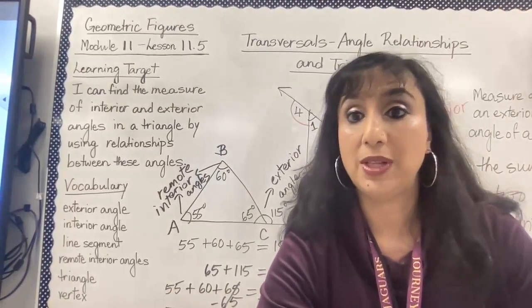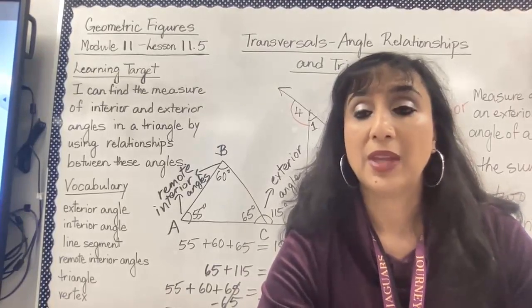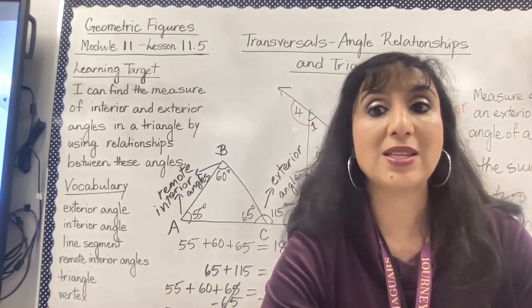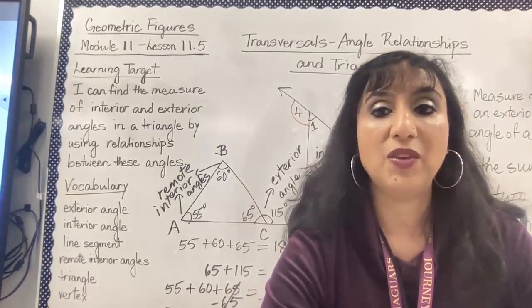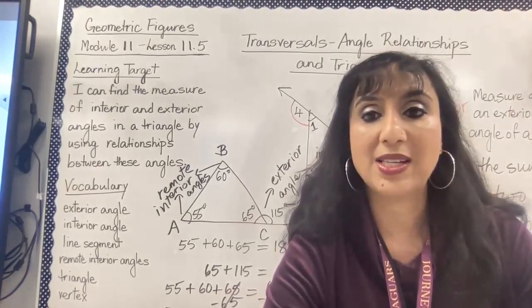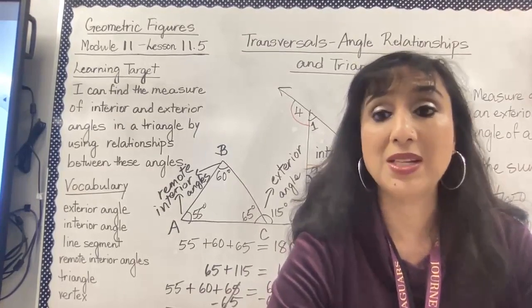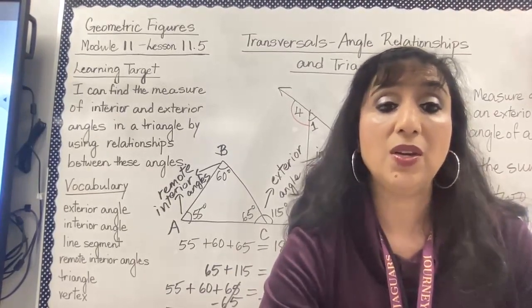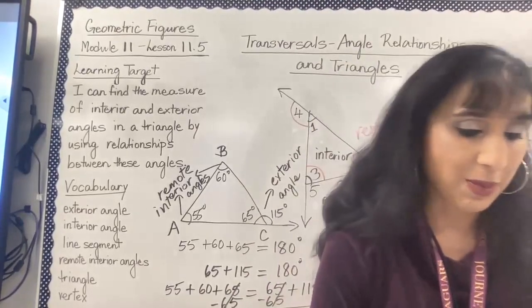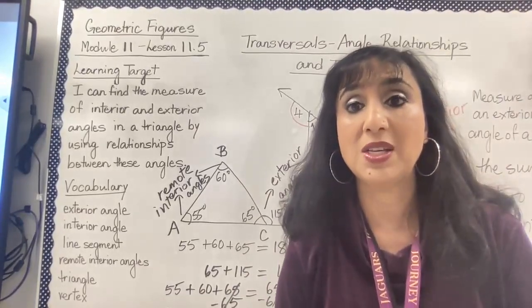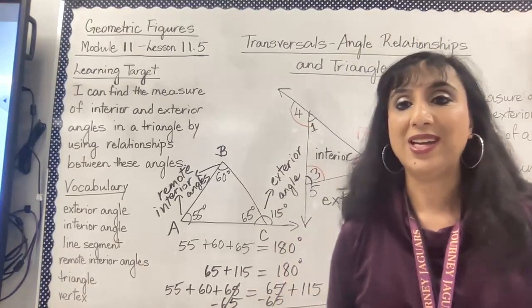Remember that the sum of the interior angles is equal to 180 degrees. You've got to know the vocabulary: vertex, line segments, and of course, we know what a triangle is. This is basically how we use relationships to calculate the unknown value.